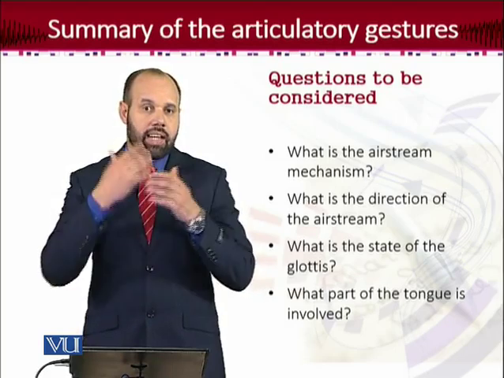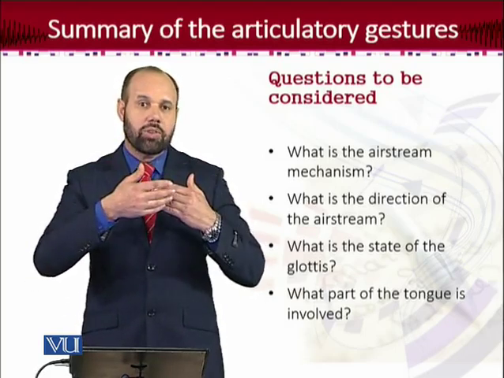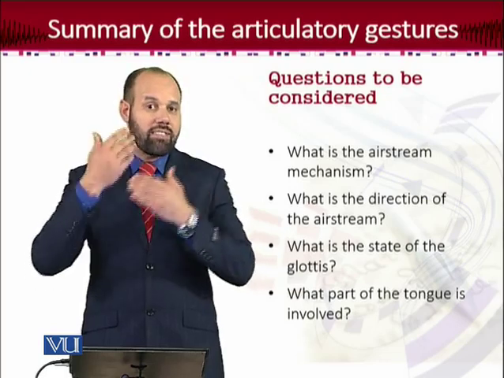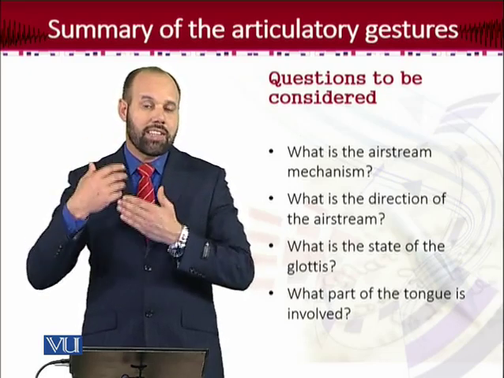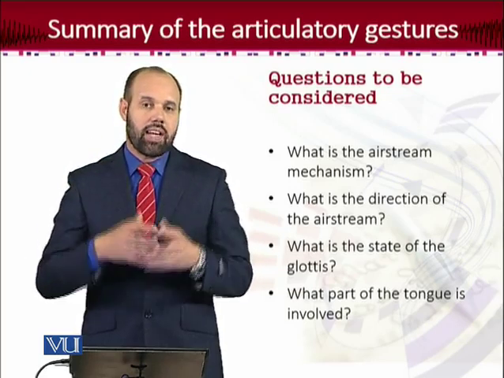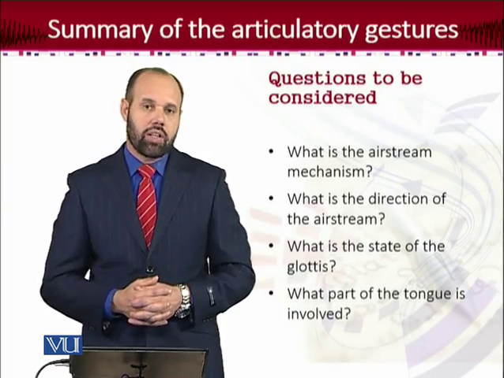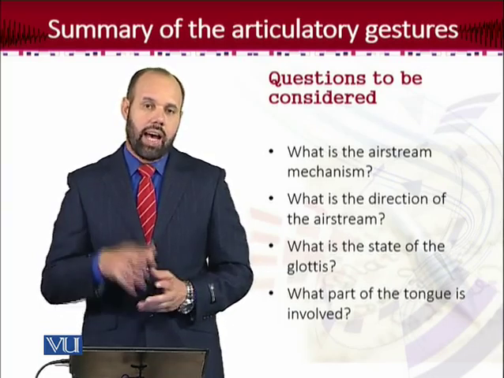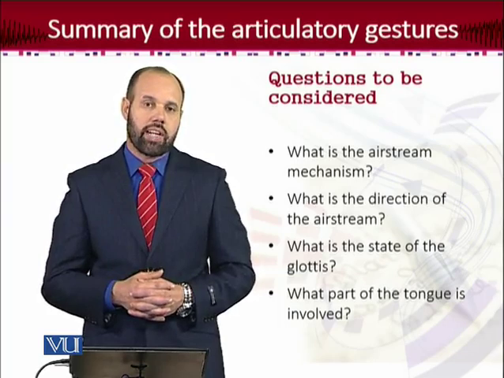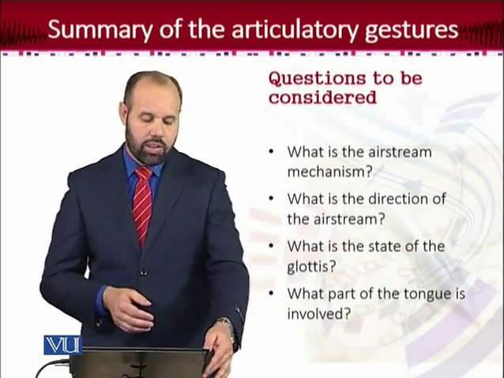But there are some other configurations also involved, like when the front part of the tongue is used, or the back part of the tongue, or the dorsum, or the root of the tongue is used. These configurations give us the information about which part of the tongue is used, and that's an important question in order to describe the articulatory gestures possible in human languages.